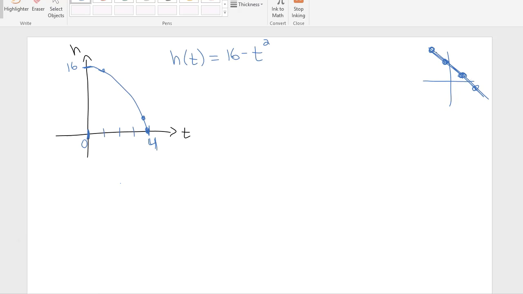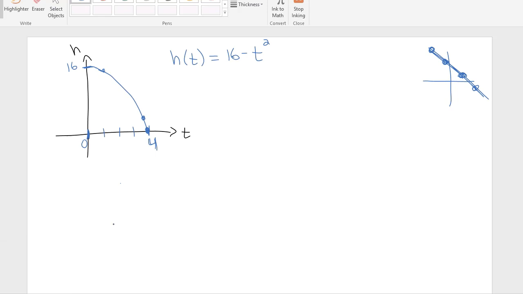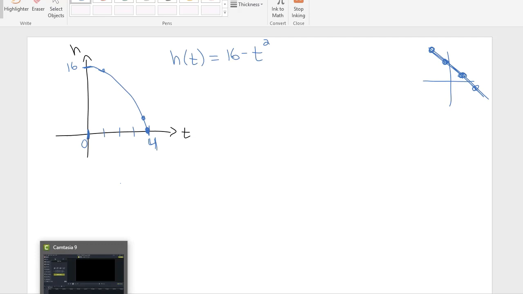Again, for a linear function, we have a rate of change that's constant. For a nonlinear function, we have a rate of change that is variable. So what we're really trying to do is find the slope of the line on the parabola. We're trying to find the slope of the parabola when it hits the ground. We don't have the tools by which we can do that yet at this point.